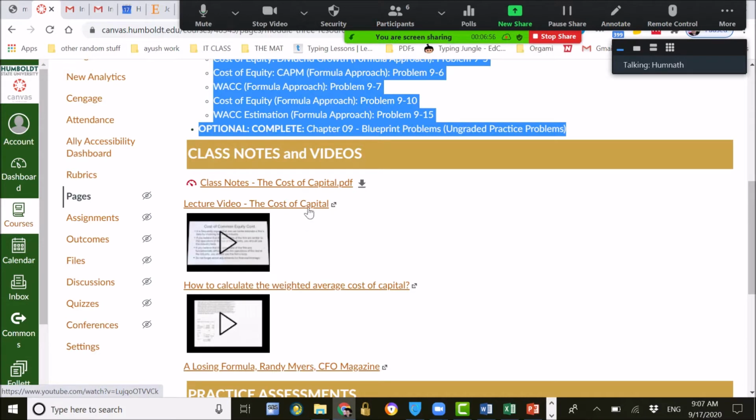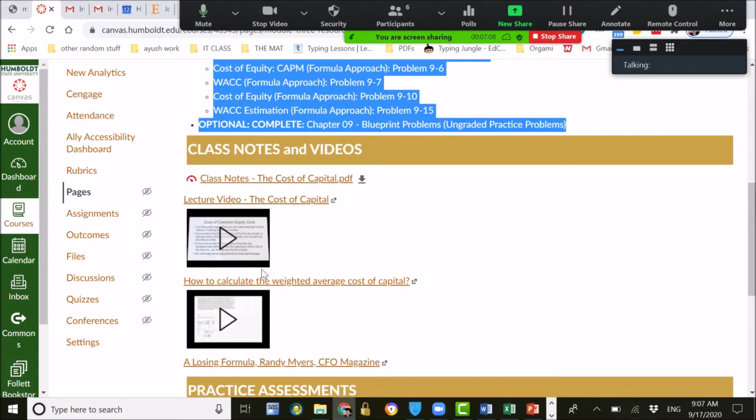You can easily go over the notes, and if you find difficulties in solving weighted average cost of capital, cost of equity, cost of debt, or anything, you can find the solution there. Here is a comprehensive video on how to calculate weighted average cost of capital. I made this problem covering everything.